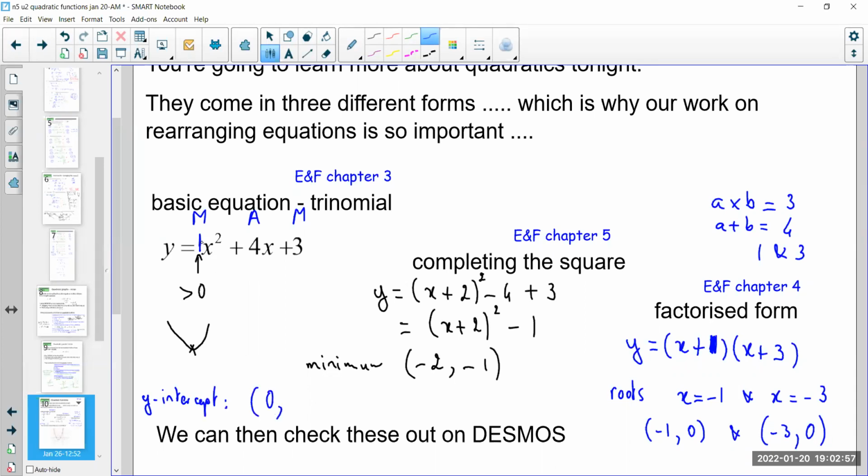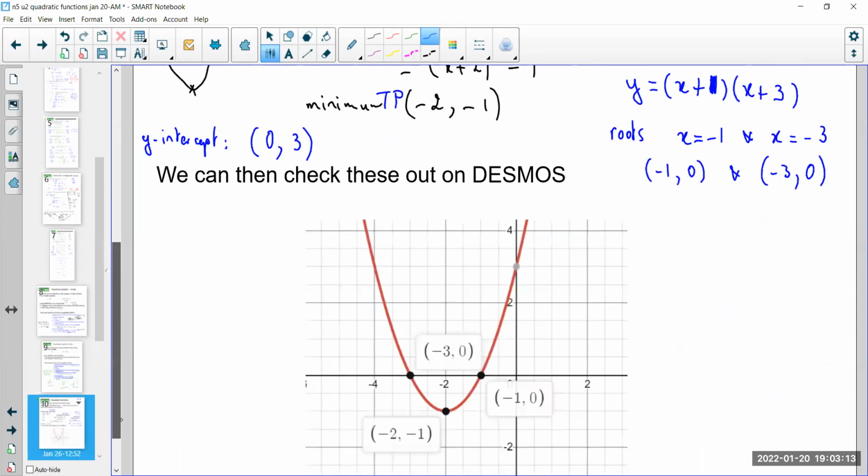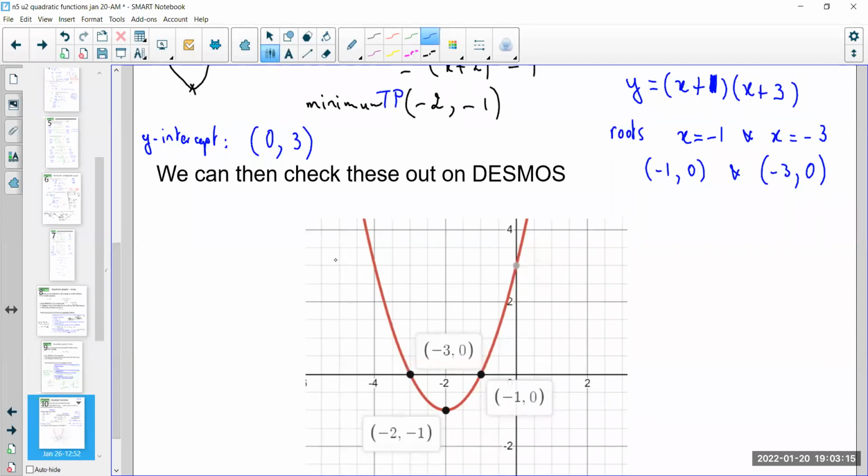What is the value of y? 0 squared is 0, plus 4 times 0 is 0, then y is just 3. So I've got two roots, a minimum turning point, and an intercept, and this is all they ask you to find when you draw a quadratic. And this is your y-intercept here, 0 and 3.